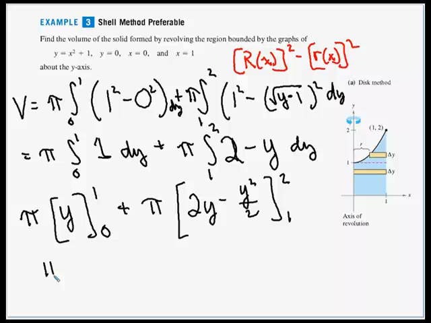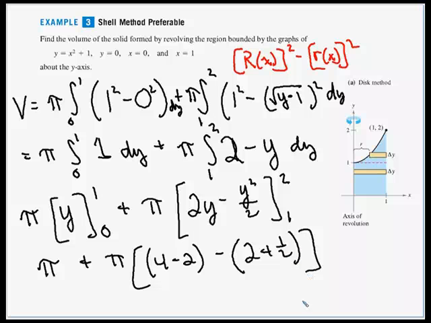We'll get pi minus 0 plus pi. And then when we work in here, we're going to get 2 times 2 is 4 minus 2. And then subtract our lower limit evaluated, 2 minus a half. Close that off. And when we work all that out, we're going to get pi plus a half pi, which is 3/2 pi.